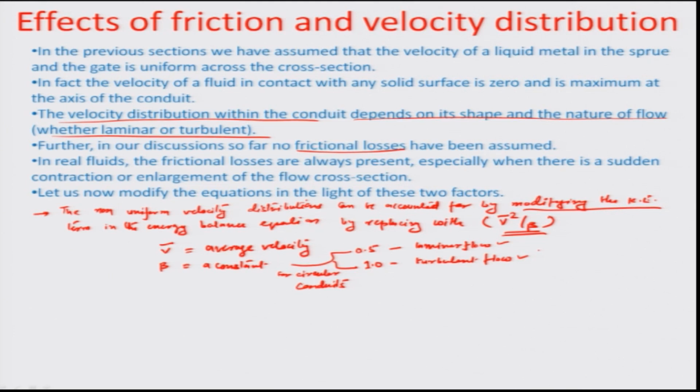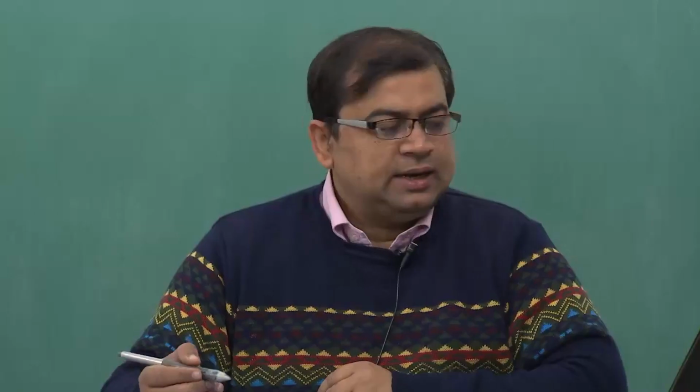So, the energy loss due to friction in a circular conduit, and these are some of the assumptions we are borrowing from elementary fluid mechanics. And basically the more important part that has to be seen here is the application, that how this energy loss is going to change the time of filling, etc., related to the cast.